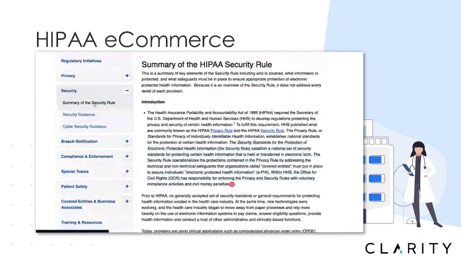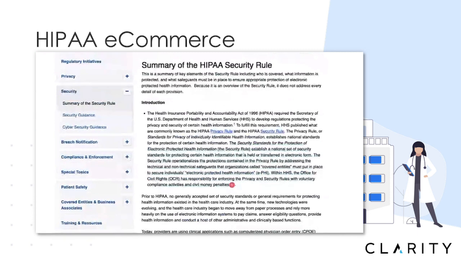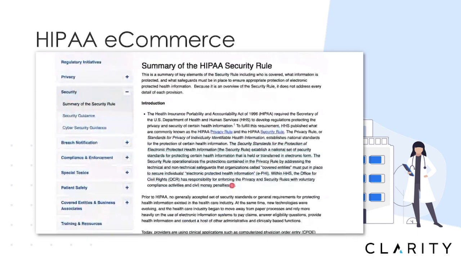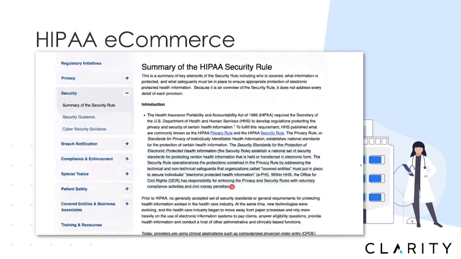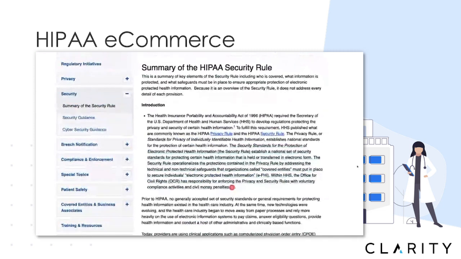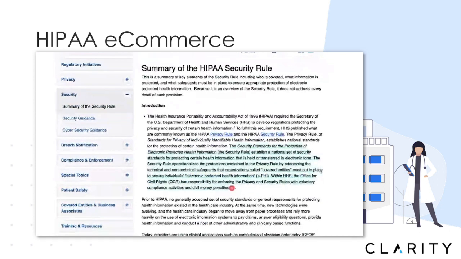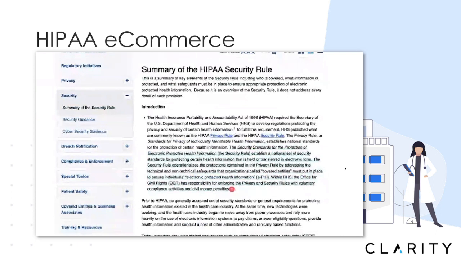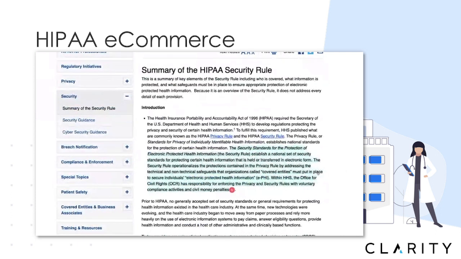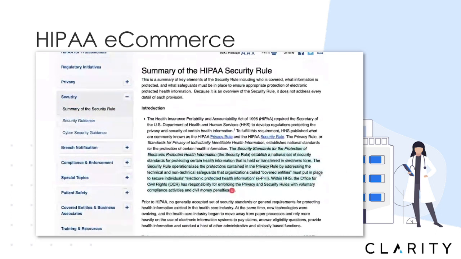Awesome. Thank you. So with that, the summary of the HIPAA security rule is generally covered in the first few paragraphs of the page. They talk about how it was established as a national set of security standards for protecting certain health information that is held or transferred in electronic form.